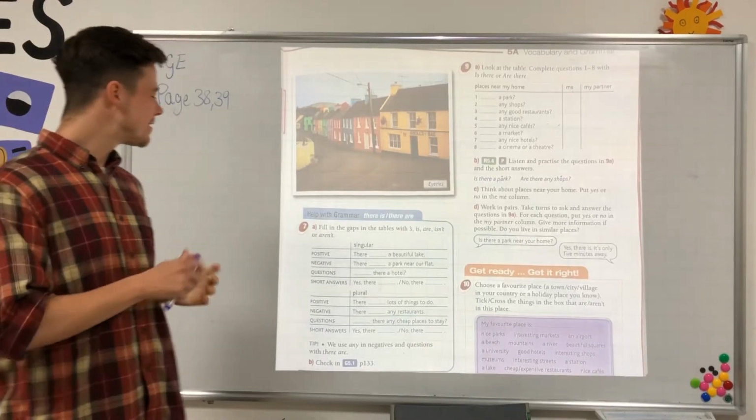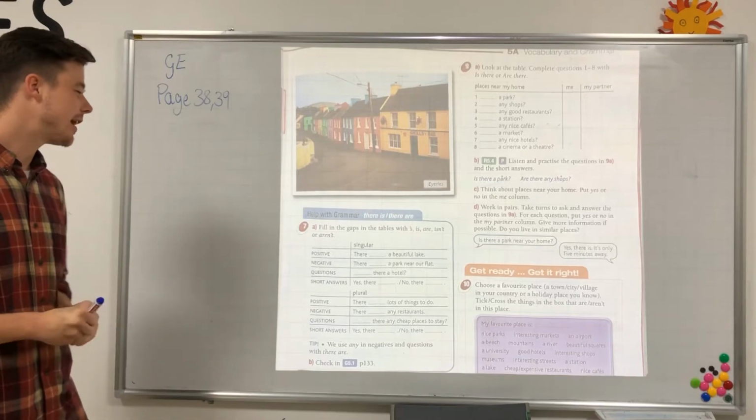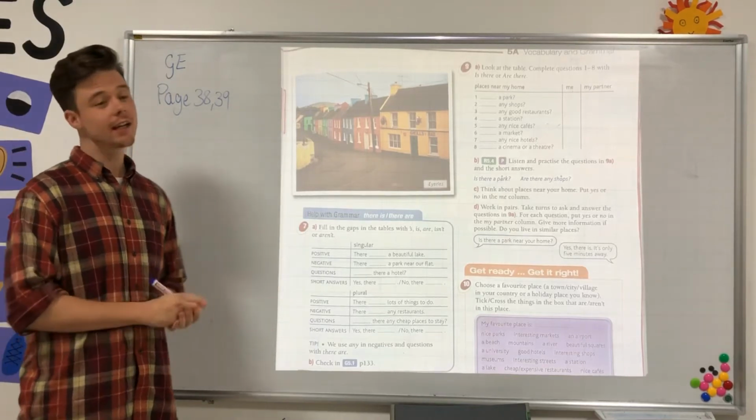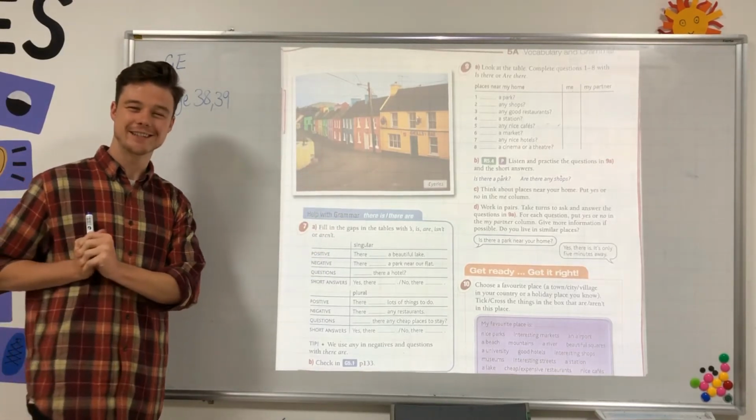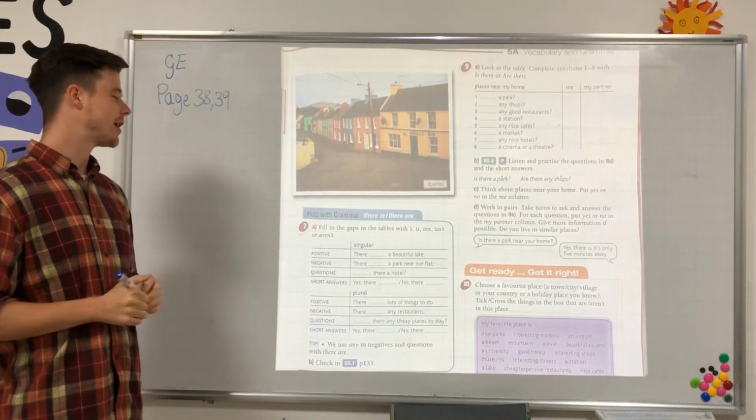Hello again, guys. Page 39 now, as I mentioned. The first thing, there's our beautiful picture of Iris, now we can all see it. First thing that we need to look at is our grammar, alright?